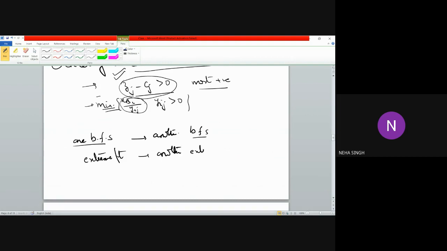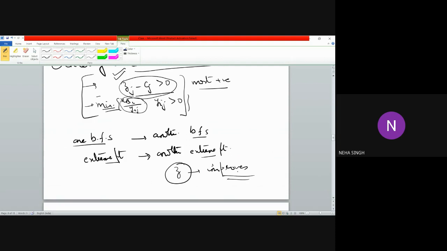And we have seen that the moment we do this in a particular manner, keeping these two criteria in mind, then at the new extreme point the value of the objective function definitely improves. Okay, this we have proved so far, right?